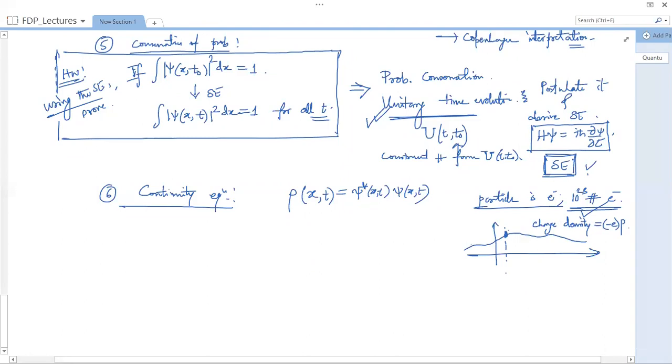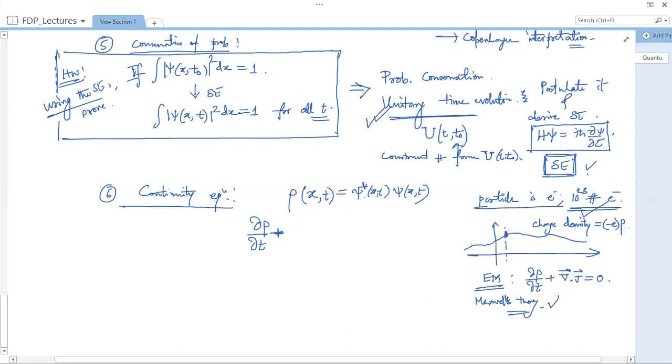And since we know from Maxwell's electromagnetic theory that charge density satisfies a continuity equation, and this is already in Maxwell's theory, then we expect that it will also satisfy some kind of continuity equation, del rho del t plus del dot j basically.